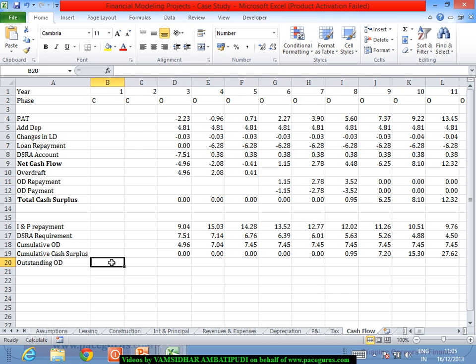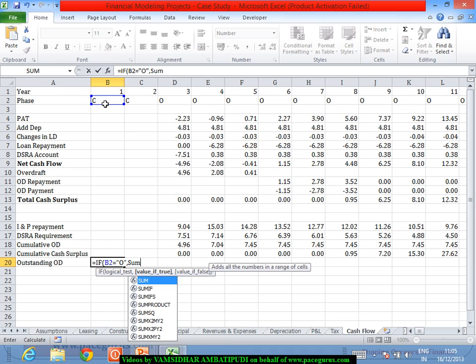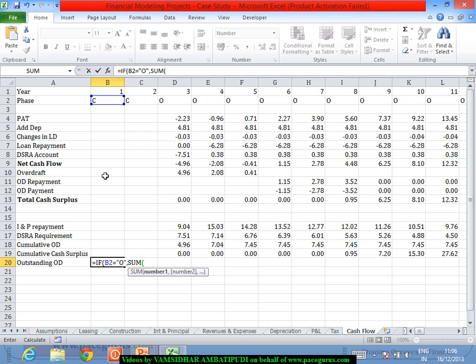So in the outstanding OD, what I would be considering is, because the interest is applicable not on that year's OD but on the outstanding OD, if that is equal to O, I would do the summation of the ODs until that period, and also a summation over summation.